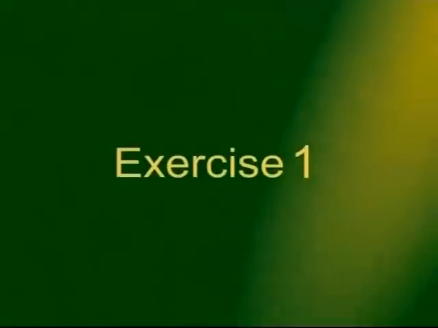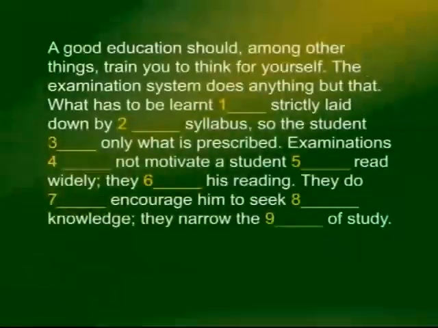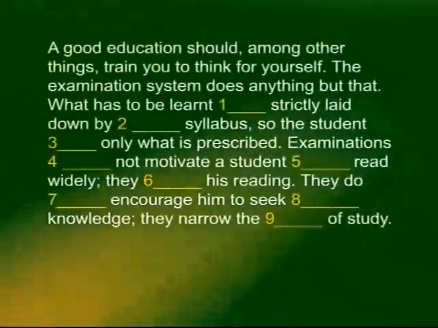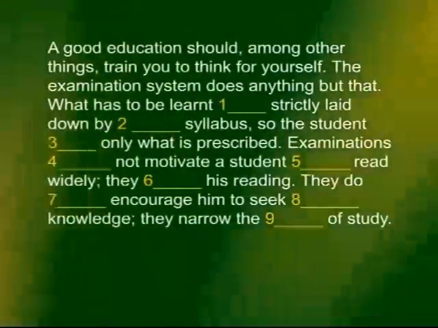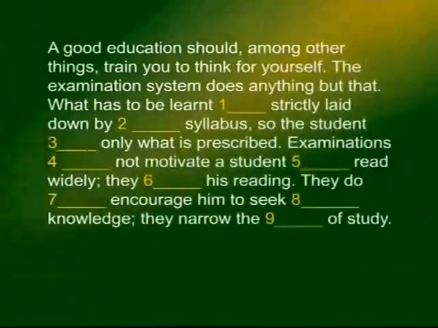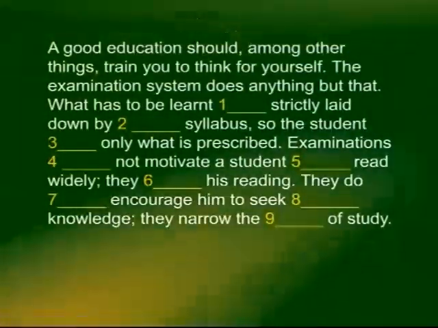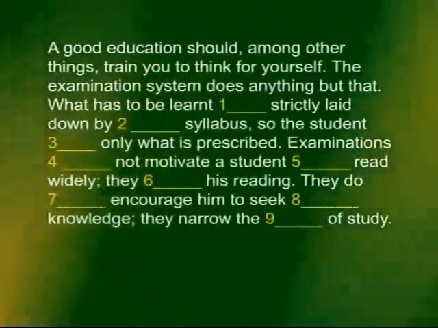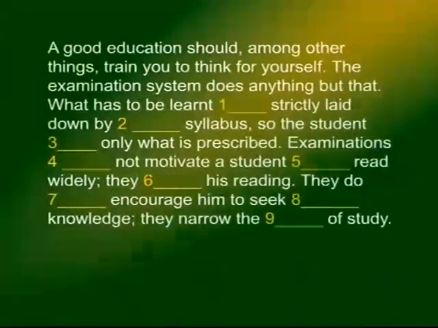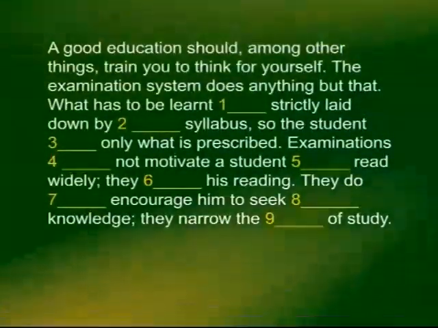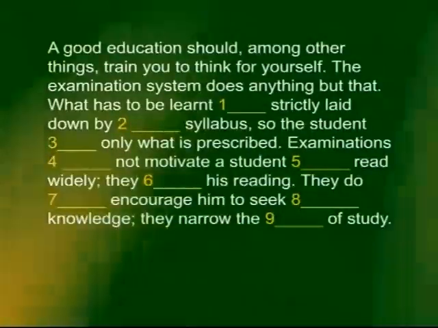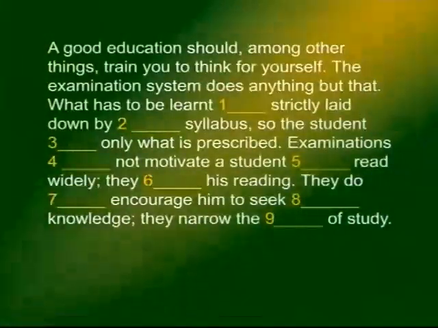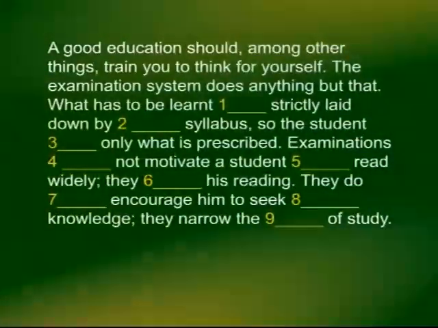Look at the following passage quickly. Just skim through the passage. You can see one on your screen, so that you get a rough idea of what it is about. Now notice that in the passage, the first two sentences and the last sentence do not have any gaps. Why is this so? This is to help you understand the overall meaning of the passage.